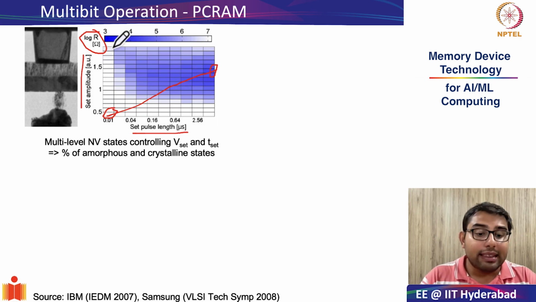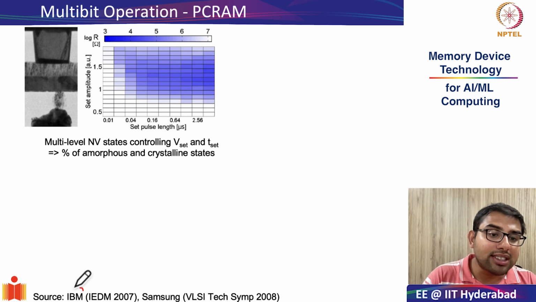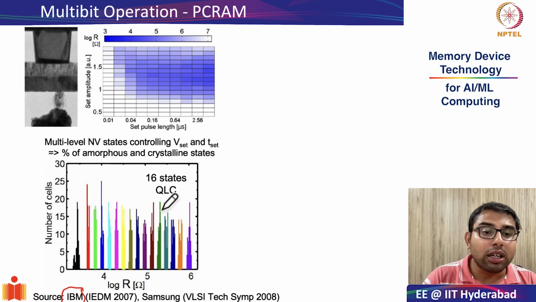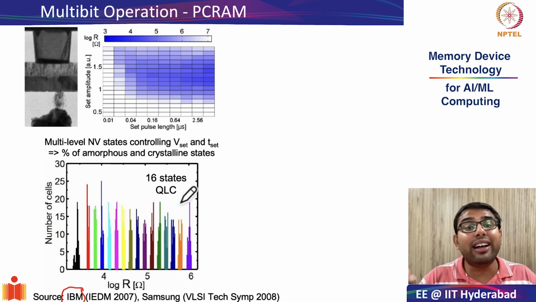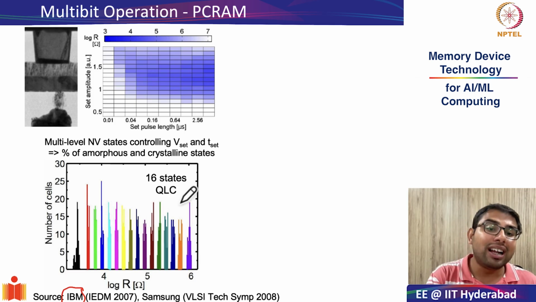Therefore, it was shown for the first time by researchers at IBM way back in 2007 that you can have QLC kind of operation. Remember, QLC was quad level cells or 4 bits per physical cell, which shows 16 states.